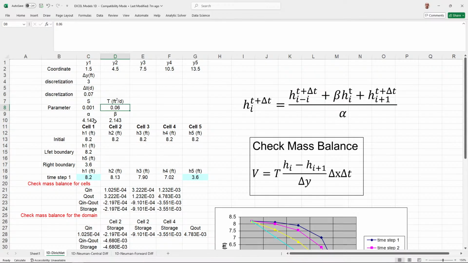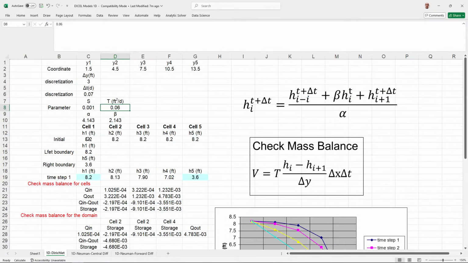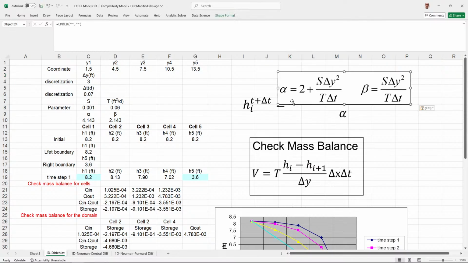Alpha, remember what alpha is? Basically, we can take all these terms because this is constant, and we just call this alpha, and we take all this other term and call this beta. Let me show you what alpha is. Let me copy, paste.